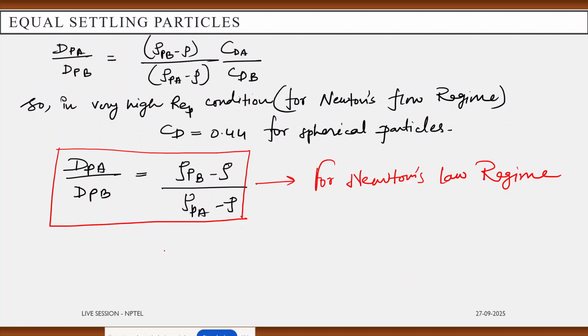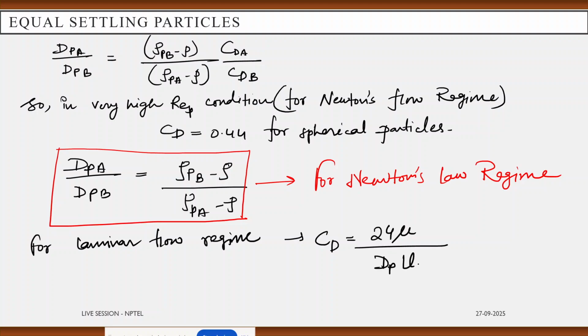But for the laminar flow regime, you have to go for CD equals 24 mu by dp ut rho.